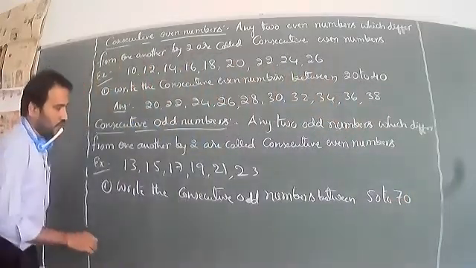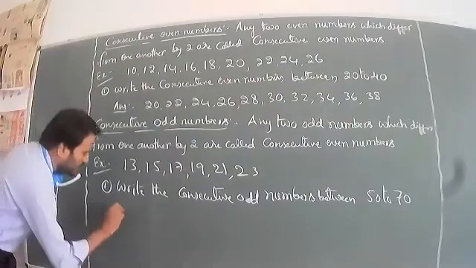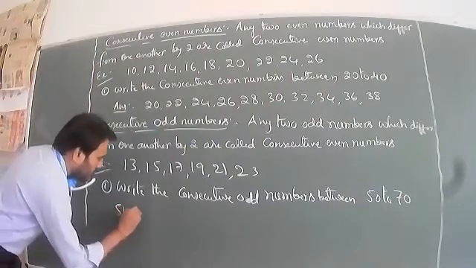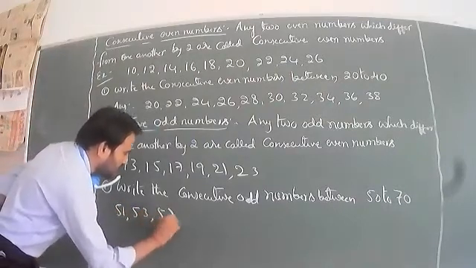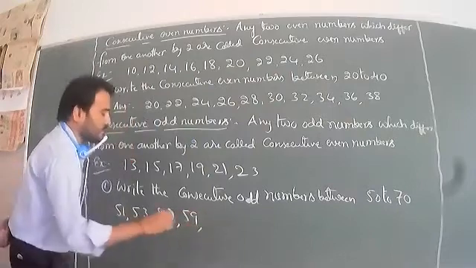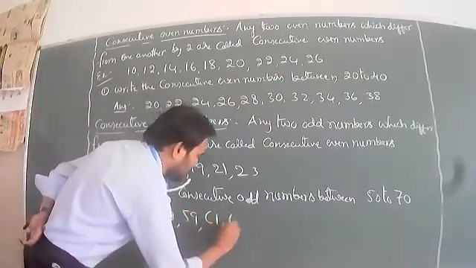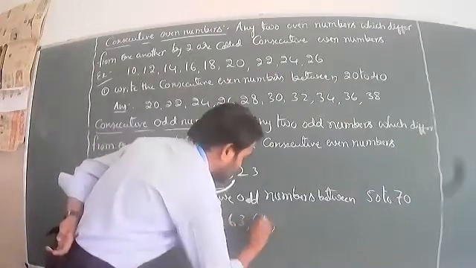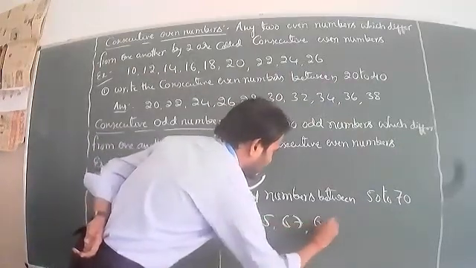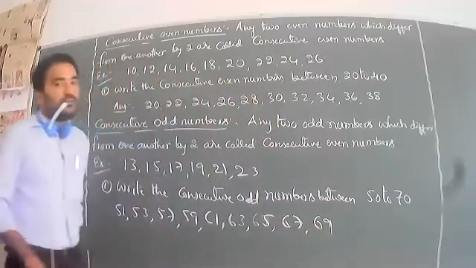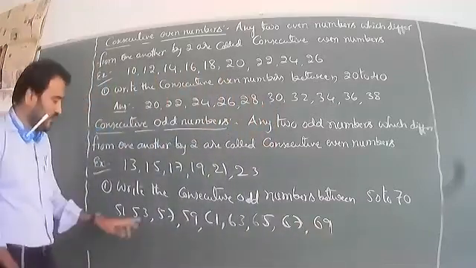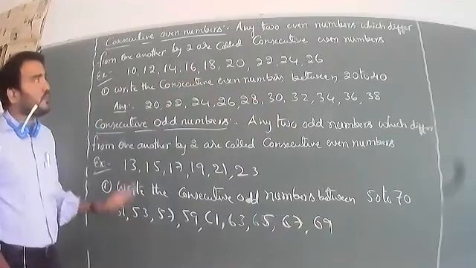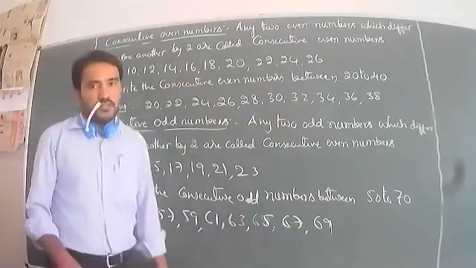We should write: 51, 53, 55, 57, 59, 61, 63, 65, 67, 69. These are the consecutive odd numbers which differ by 2. So this is called consecutive odd numbers.